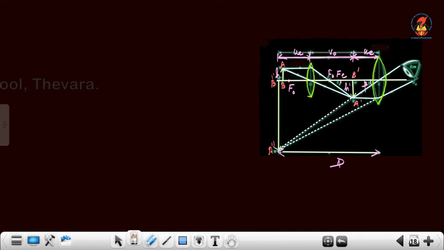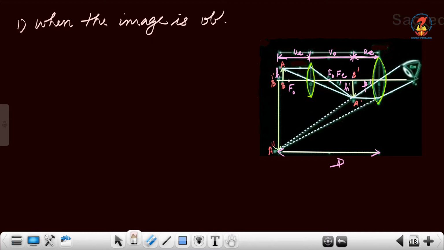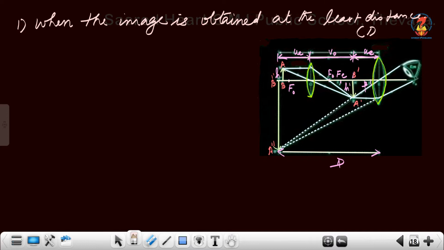So, case 1, when the final image is obtained at the least distance of distinct vision. I am going to write it as D. Okay, least distance of distinct vision. First, let us write the equation for magnification.